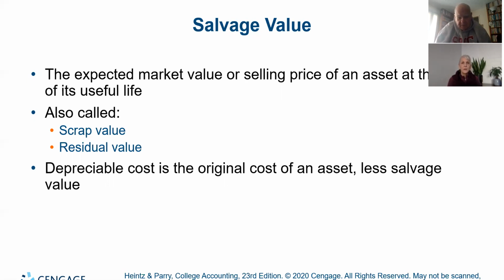Okay. And I'm getting a little bit ahead of us. This is more of a 230 thing, I guess, but I think we have it here. You can never, ever bring the book value, the net book value of an asset below the salvage value. And that's going to come in handy later, okay?